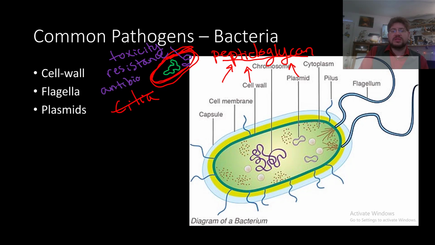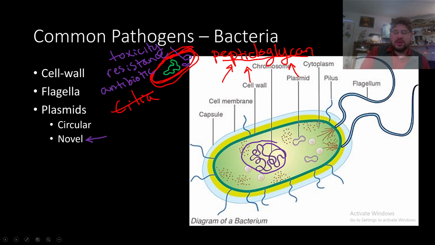antibiotic resistance. What's cool about plasmids is that they can be traded. So not only do they contain novel new genes that aren't necessarily a part of the bacterial chromosome, they can be transferred. So you can find genes for resistance, genes for toxin production. They can be transferred between bacteria.